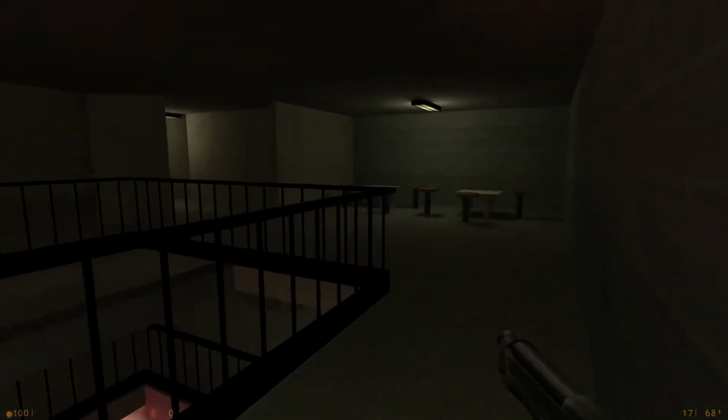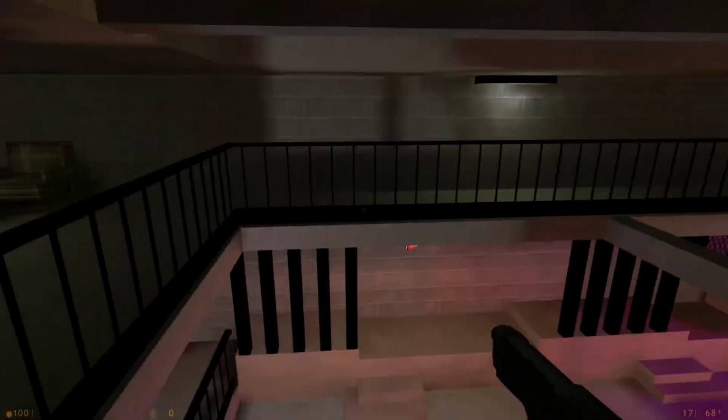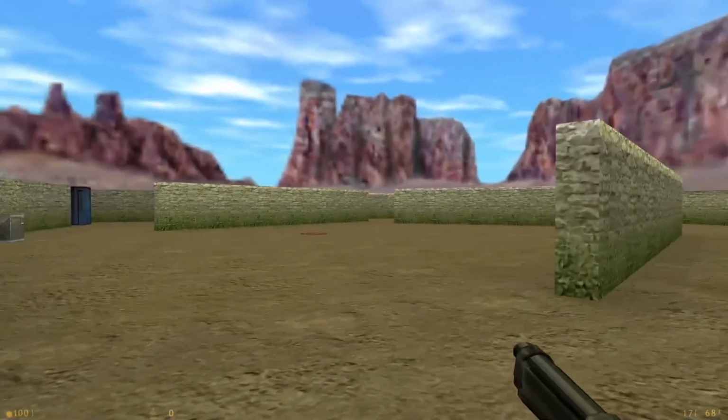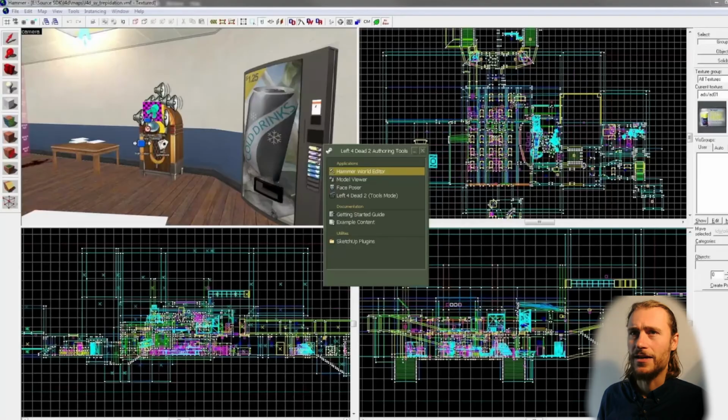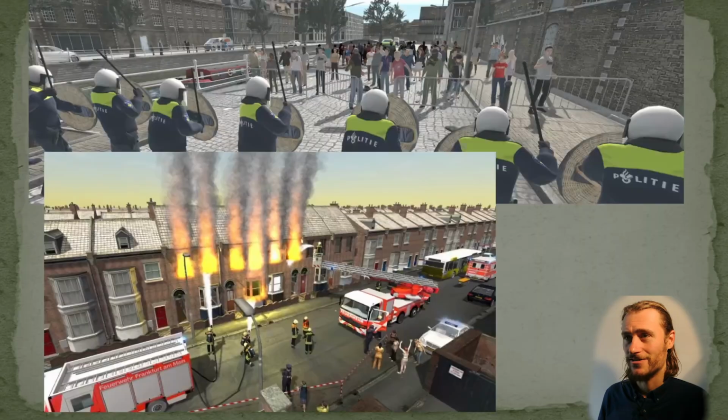And later on, I opened Worldcraft, which is the editor for Half-Life, Counter-Strike, and so forth. Later on, they rebuilt it into Hammer, and it was getting more and more sophisticated. I also made several levels for Counter-Strike, and it was fun to do and also fun to play with friends.